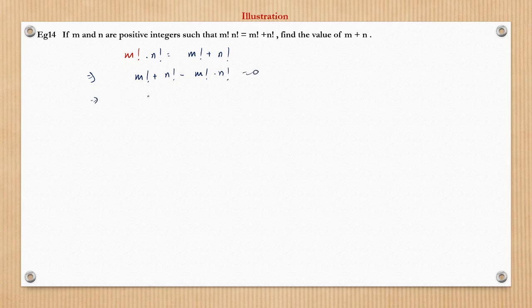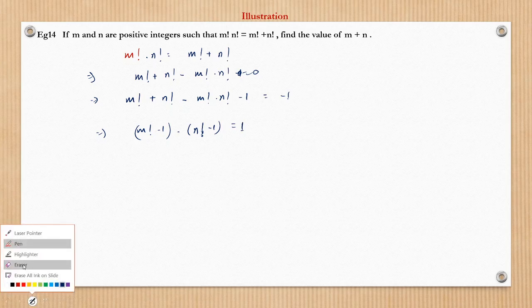So m factorial plus n factorial minus m factorial into n factorial is equal to 0. Subtracting 1 from both sides, this I can write as m factorial minus 1 into n factorial minus 1 after factorization is equal to 1, right? This I think is clear because we have done two similar illustrations.